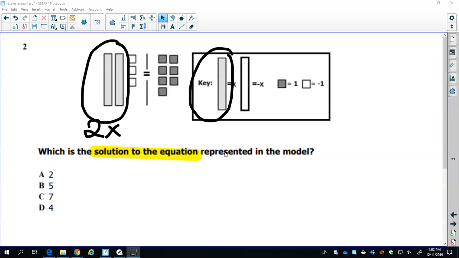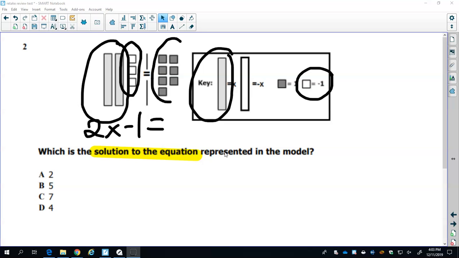And we have these unshaded squares. And look carefully, sometimes we assume unshaded is going to be positive and shaded is negative, but if you look at the key here, you can see that those unshaded ones were negative, so that's going to be minus 1. And then the shaded ones, over here, if we look at the key, those are actually positives, so it's going to be 2x minus 1 equals 7.